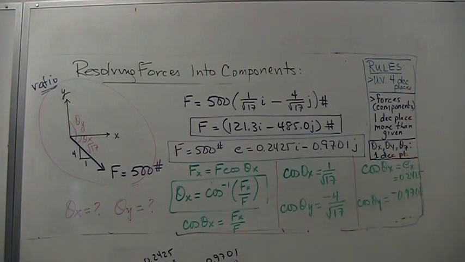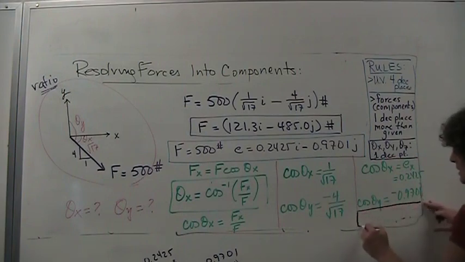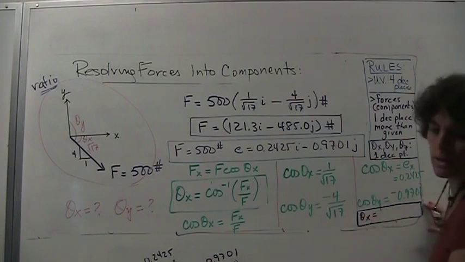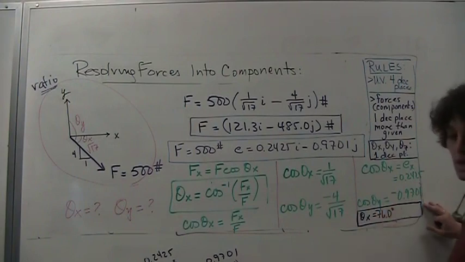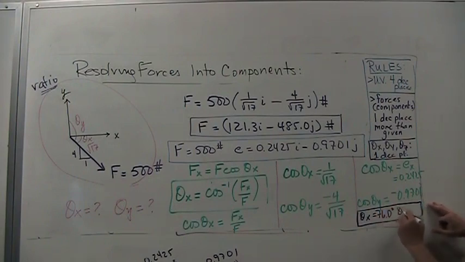So since we're representing angles to 1 decimal place, in the end, we're going to get the same value. So theta x turns out to be 76.0 degrees, and theta y turns out to be 104 degrees.